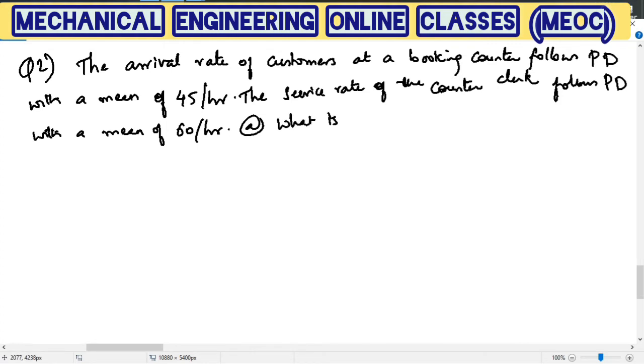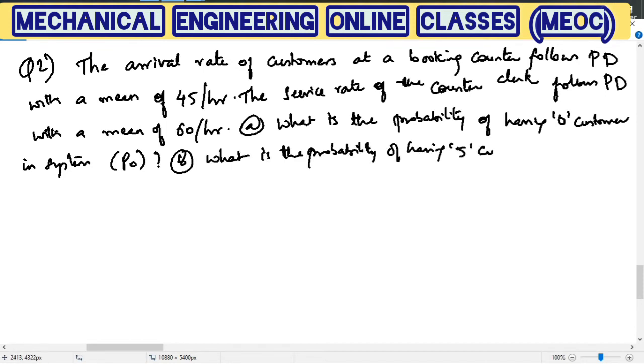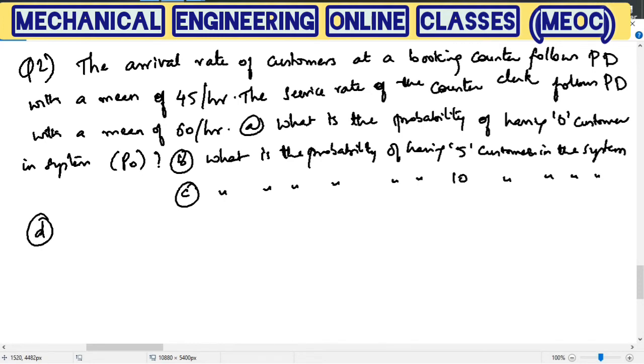A. What is the probability of having 0 customers in the system, that means P0? B. What is the probability of having 5 customers in the system? C. What is the probability of having 10 customers in the system? 0 customers means P0, 5 means P5, 10 means P10. And finally, find LS, LQ, WS and WQ.